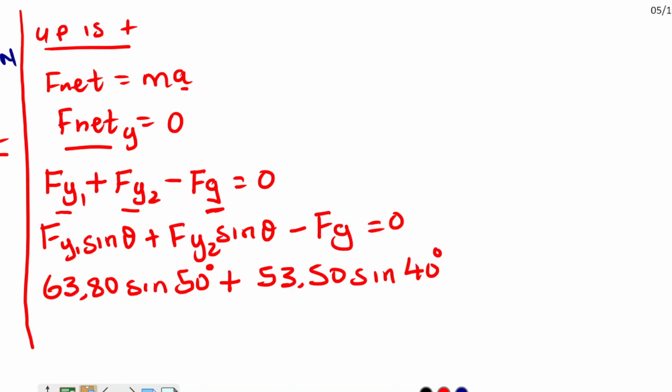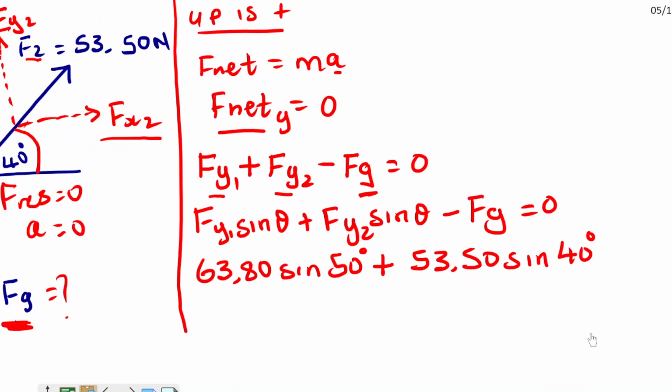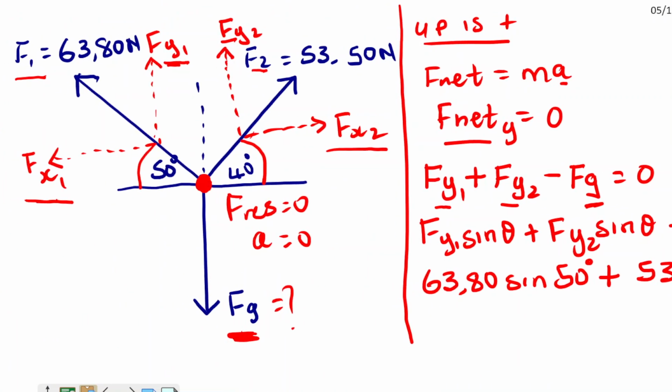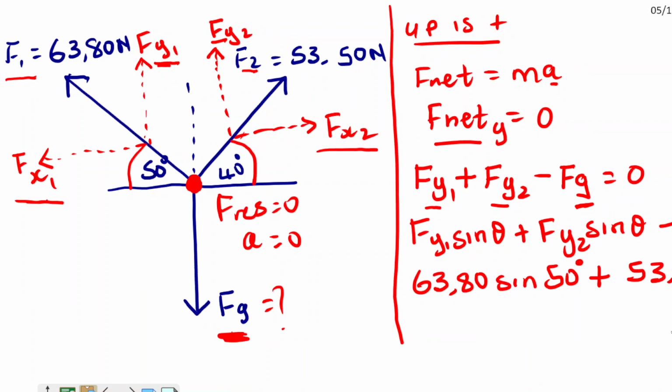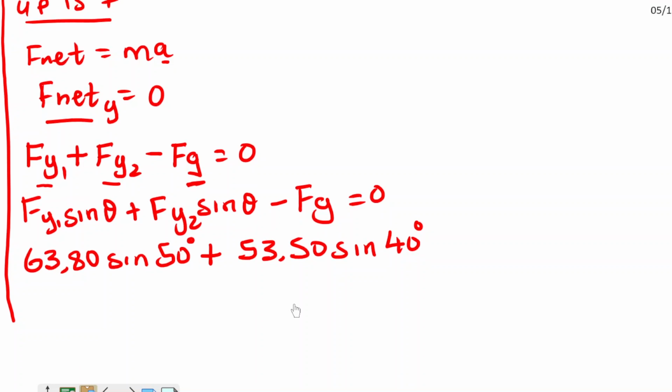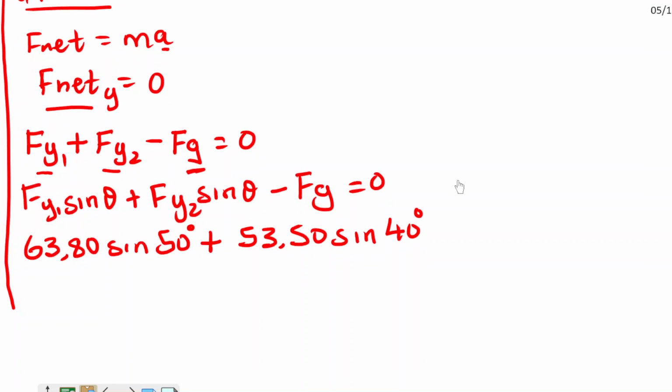Let's check again. Yes, the angle of F1 is 50 degrees and the angle of F2 is 40 degrees. So we need to check this on the calculator, minus Fg equals 0.